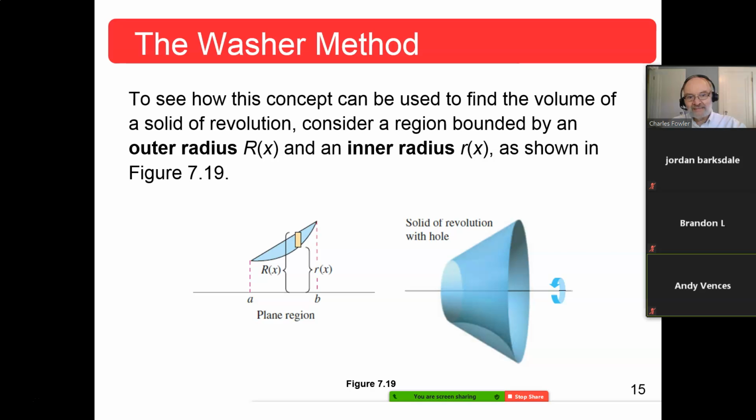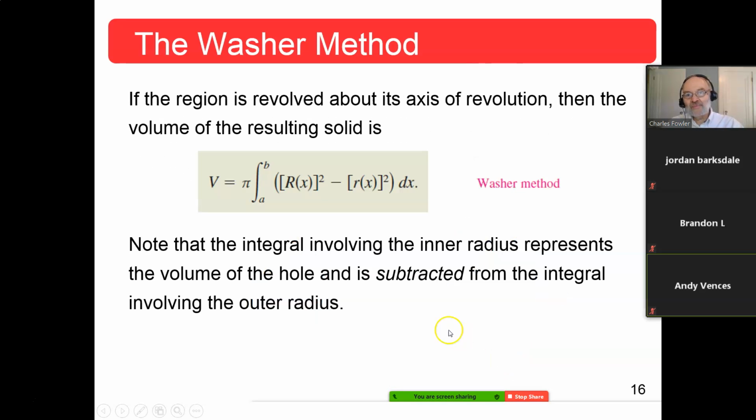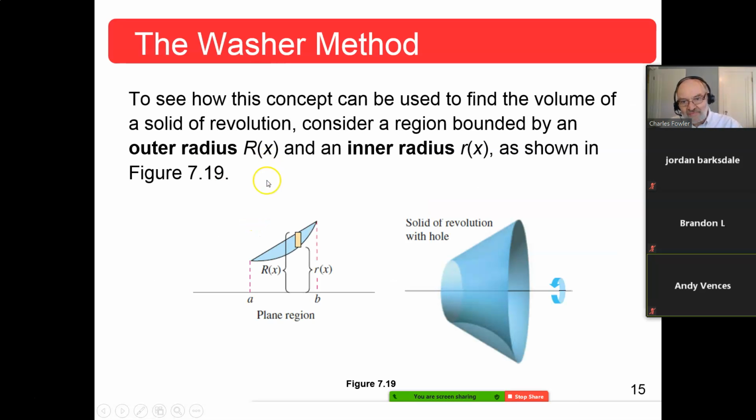Okay, so if the region is revolved around the axis of revolution, then the volume of the resulting solid is pi, because it's pi r squared, so the pi is on the outside, times the integral from a to b, that would be the limits of your integration here.